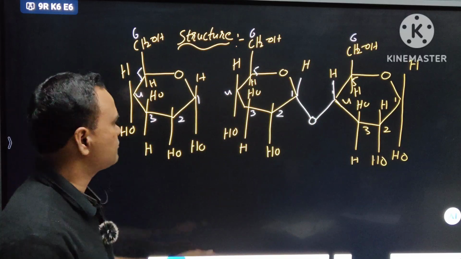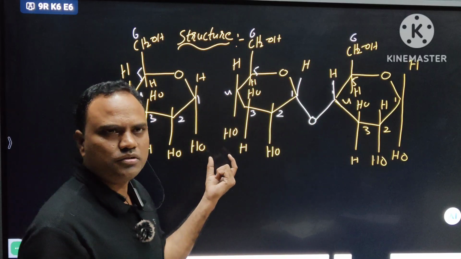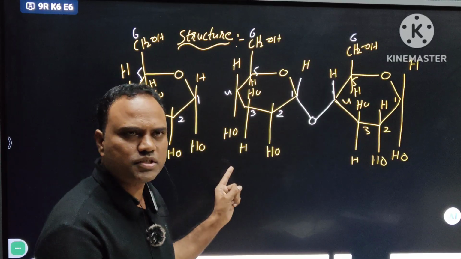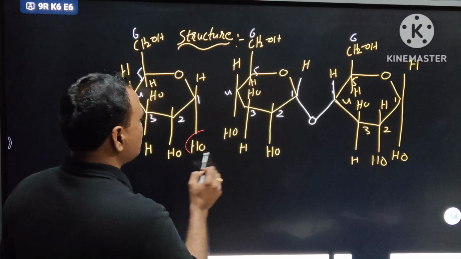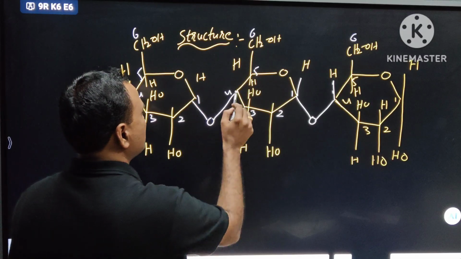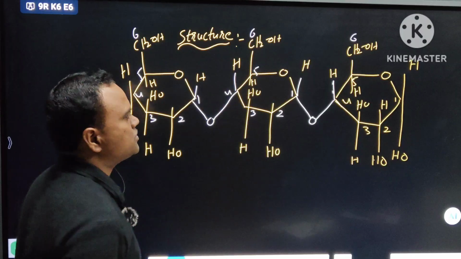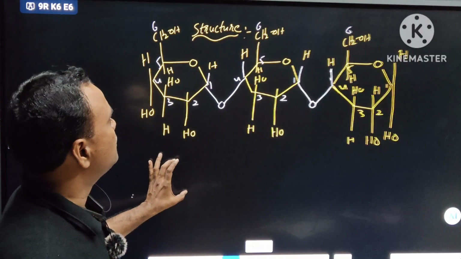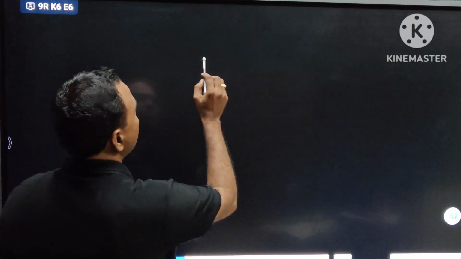OH and H both will be eliminated as water, so we write oxygen here because one oxygen is remaining. This is the structure of amylose. So basically links are very, very important.